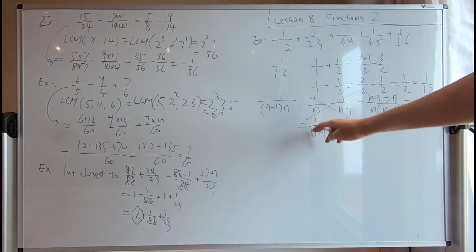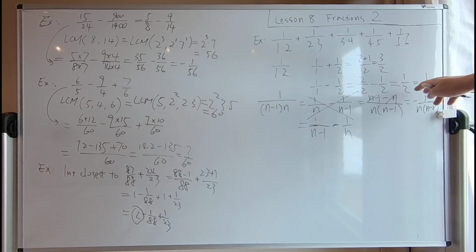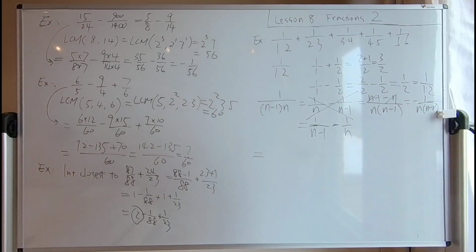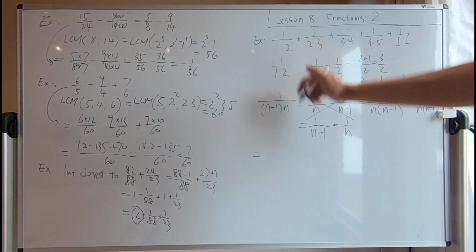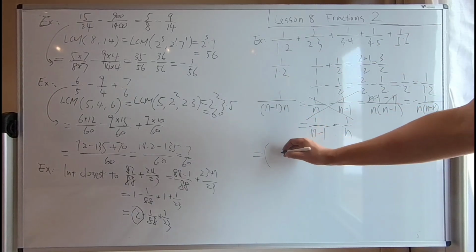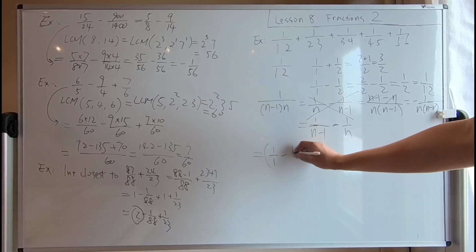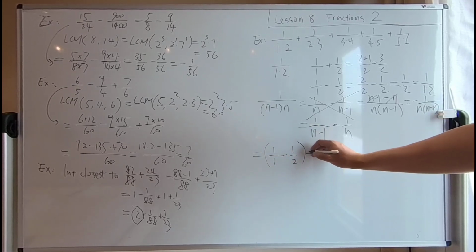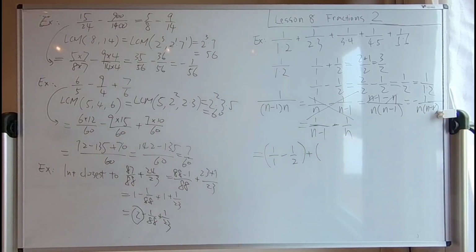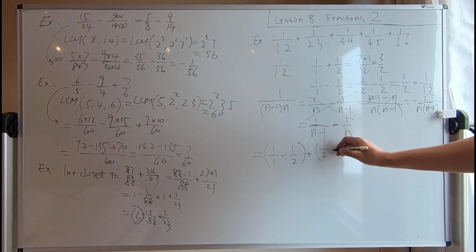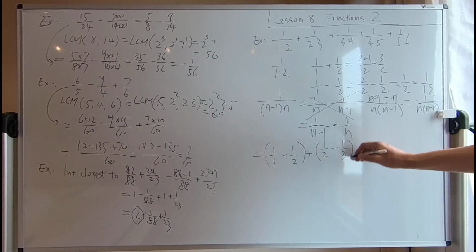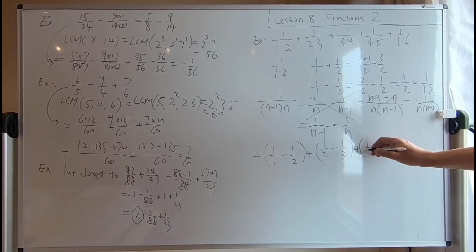Okay, so by observing the pattern from the first combination, it seems like it's not simplifying the expression, but when you break this down, you will find that it helps you cancel out or eliminate many of the terms.